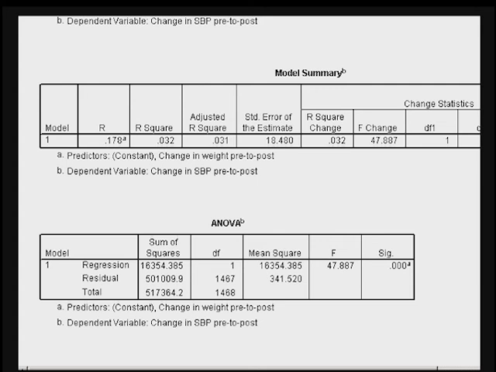The F ratio, the whole model; the t-test, the null hypothesis. So don't get those two things confused. The F ratio in this instance and the t-test test different things. The F tests the model, the t-test tests the significance of the unstandardized regression coefficients.